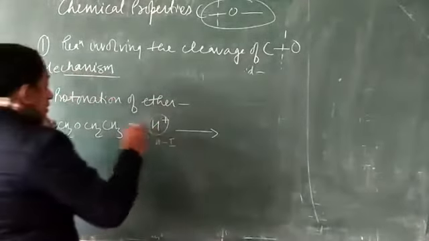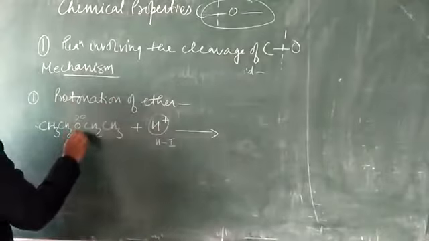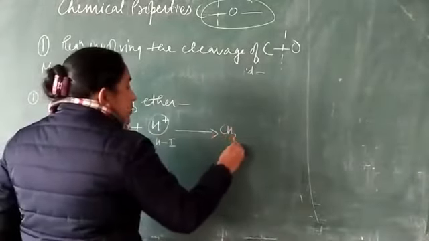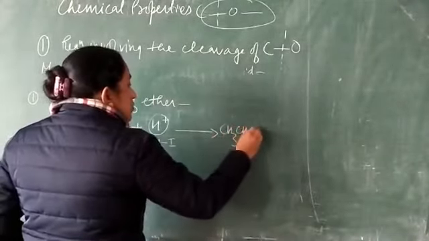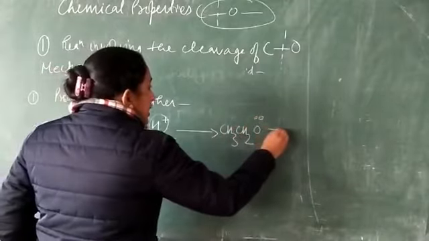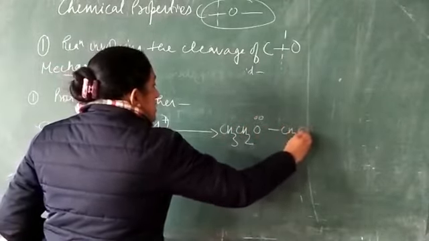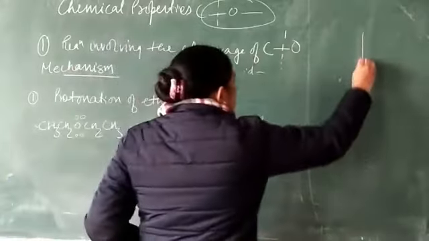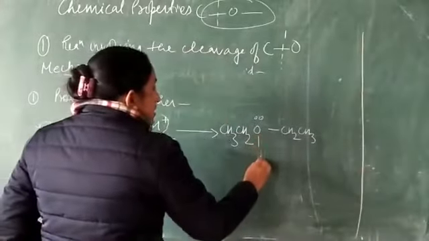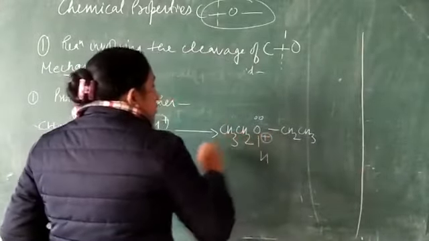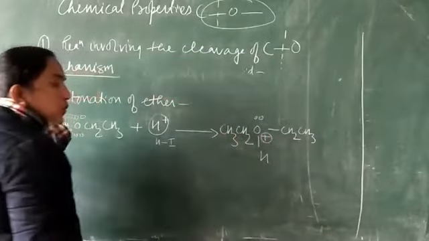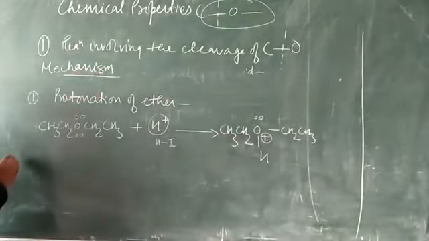Oxygen has a lone pair on it, so we will get CH3CH2O(H)CH2CH3, the protonated ether. Here we have the oxonium ion formed. This is the first step.